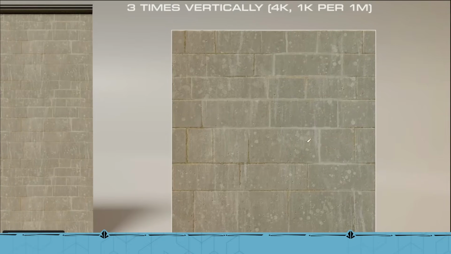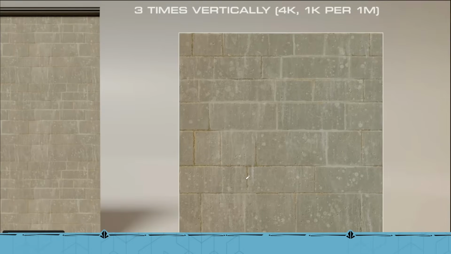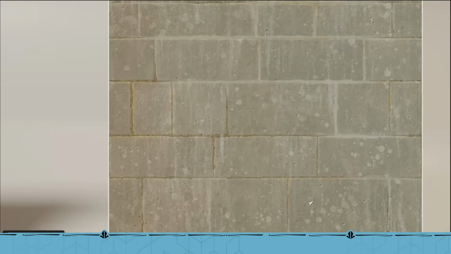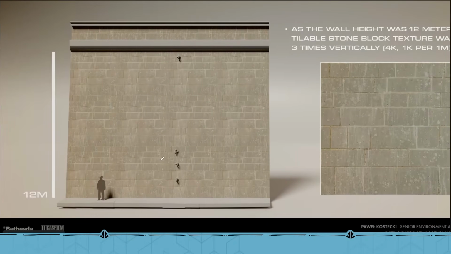There is a lot of weathering: spots, stains, some leaks, and some very subtle moss. There are also some dents or chips. So there is a lot going on in the material itself.